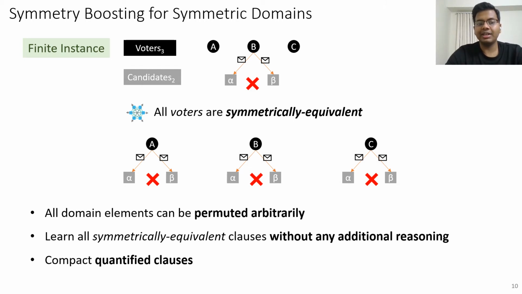That is, it learns a similar fact with each of the voters, A, B, or C, instead of learning a single clause, and that too without any additional solver reasoning, and encodes this set of symmetrically equivalent clauses as a compact quantified clause.